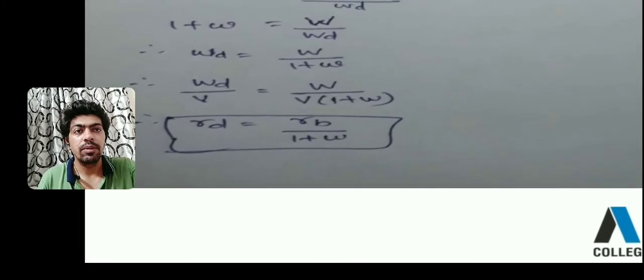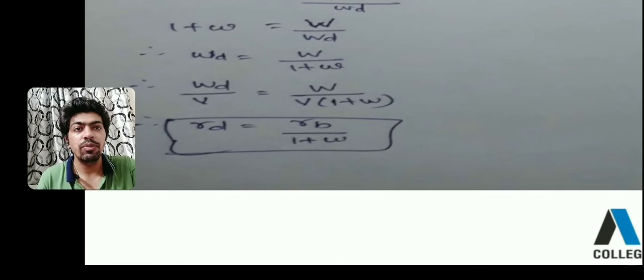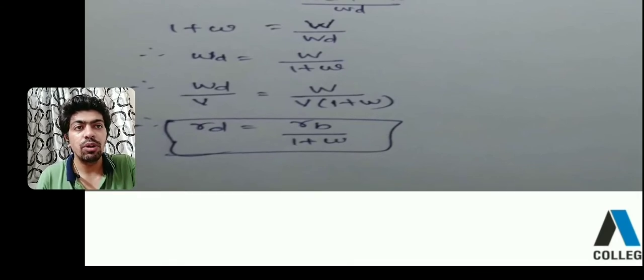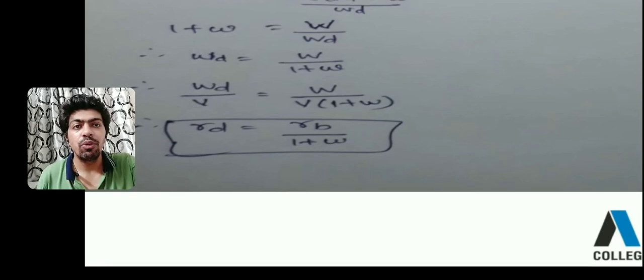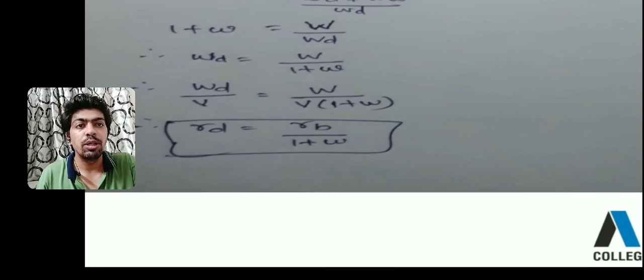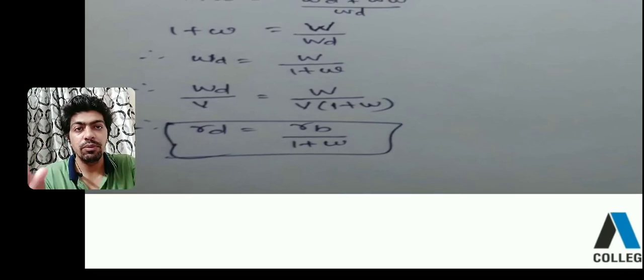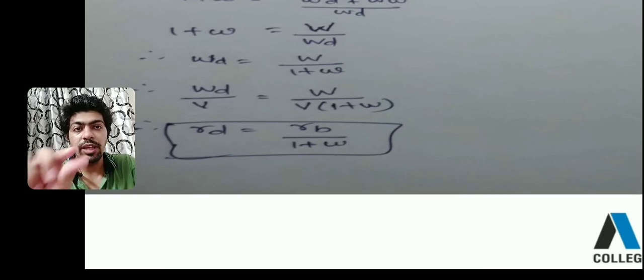Now we are going to make the equation in the form of gamma d. So Wd is equal to W upon 1 plus W, dividing both sides by volume. So Wd upon V is equal to W upon V into 1 plus W. Now we know that Wd, that is dry weight upon volume, is equal to dry unit weight of soil.